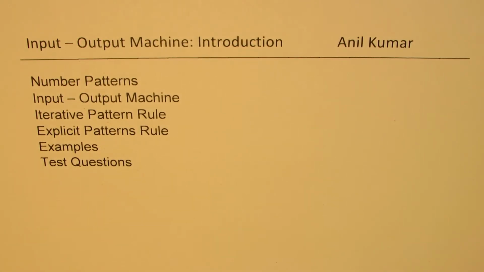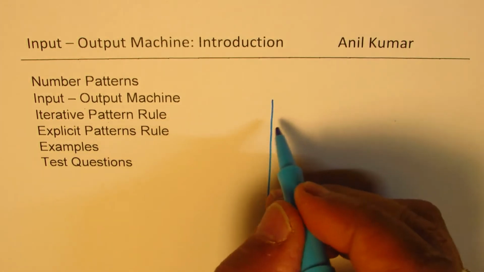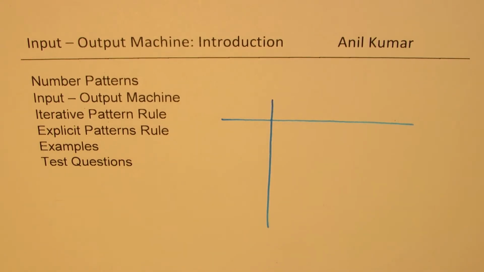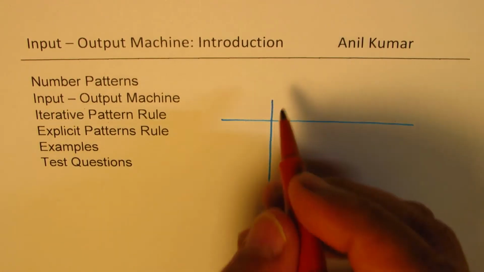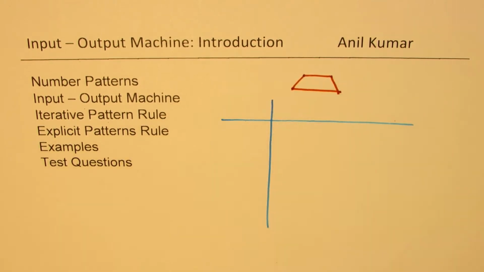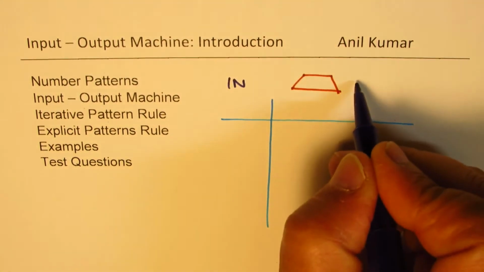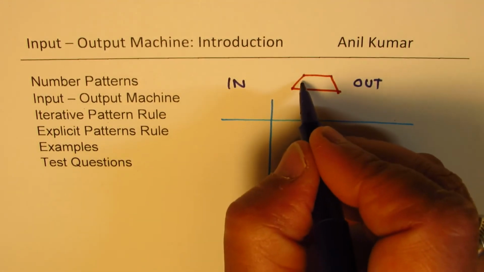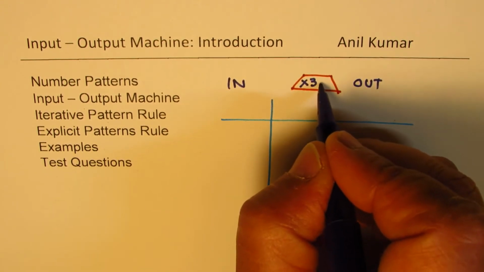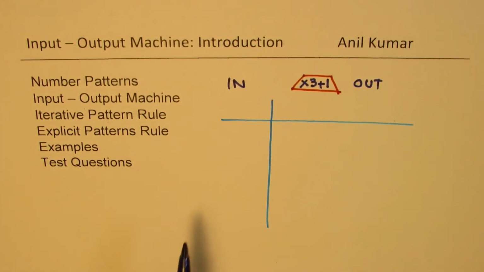This time, we will do an operation on the input and output. We have a machine which is doing something to our input. Let us say the input is right there and we get an output here. This machine multiplies the number by 3 and then adds 1, so it does two things at the same time.